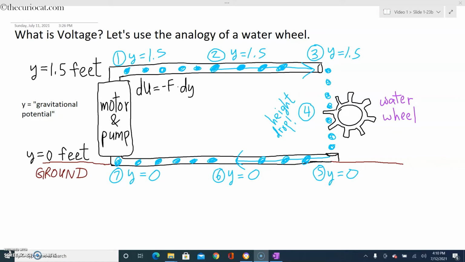So we can replace F with negative mg, where the negative sign is due to the force of gravity pointing downwards. We can then rearrange the equation as follows. This equation tells us that it takes an energy dU to move a weight mg up a gravitational potential dy.